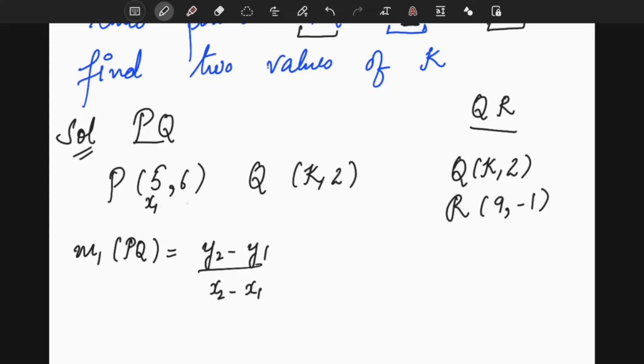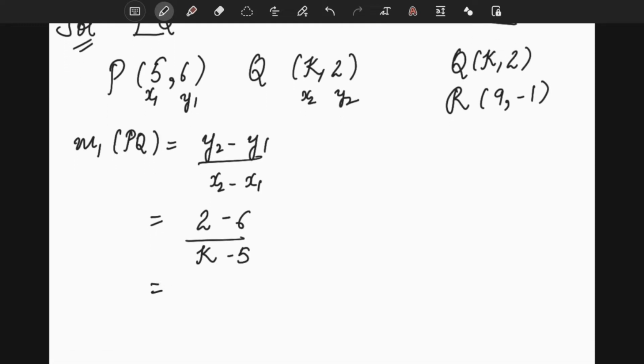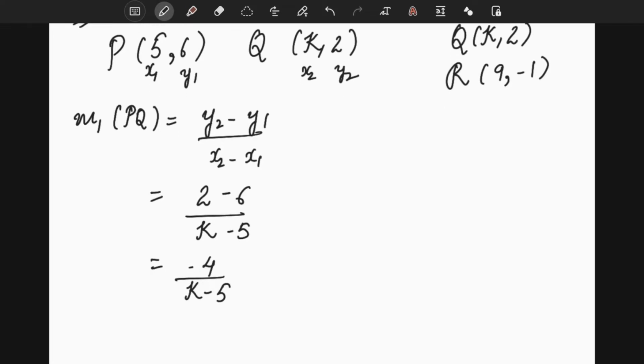Write x1, y1, x2, y2. Our y2 is 2 and y1 is 6. X2 is k and x1 is minus 5. 2 minus 6 is minus 4. We can't subtract k minus 5, so write as it is. This is our m1.